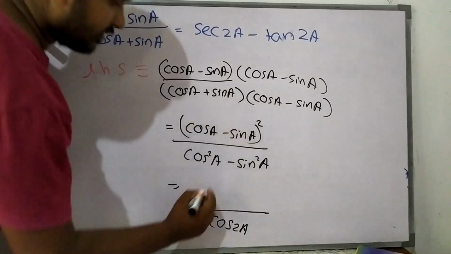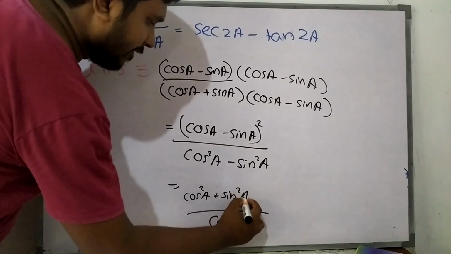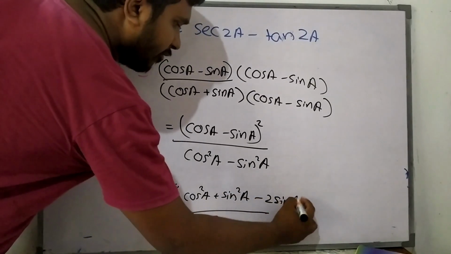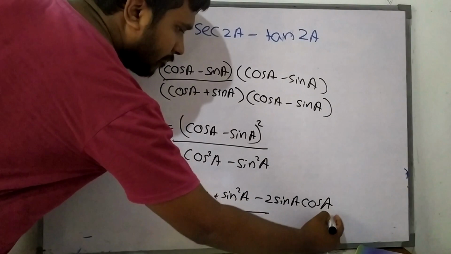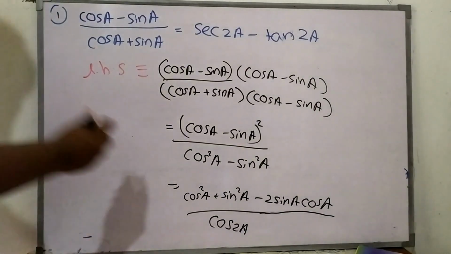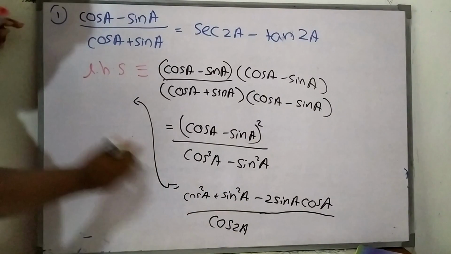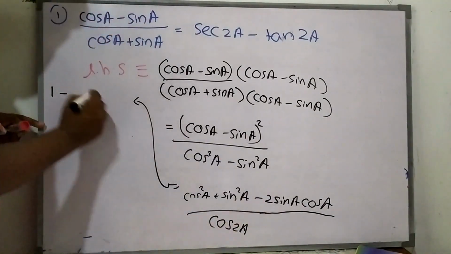So what is this? This is cos squared A plus sine squared A minus 2 sine A cos A. Then this is 1 minus sine 2A.